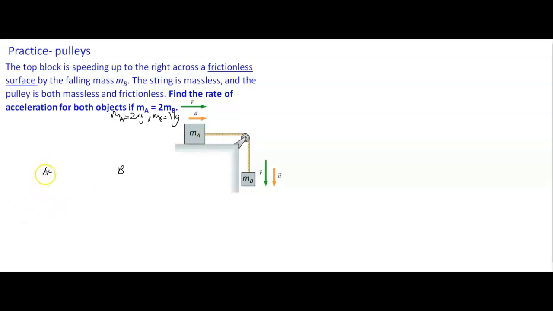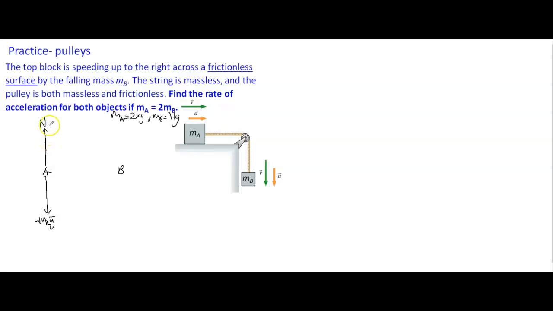So block A has a weight downwards, which is mass of block A times g. It's got a normal force pointed upward. And since block A is not accelerating up or down, that normal force should be the same size as the weight of the object.